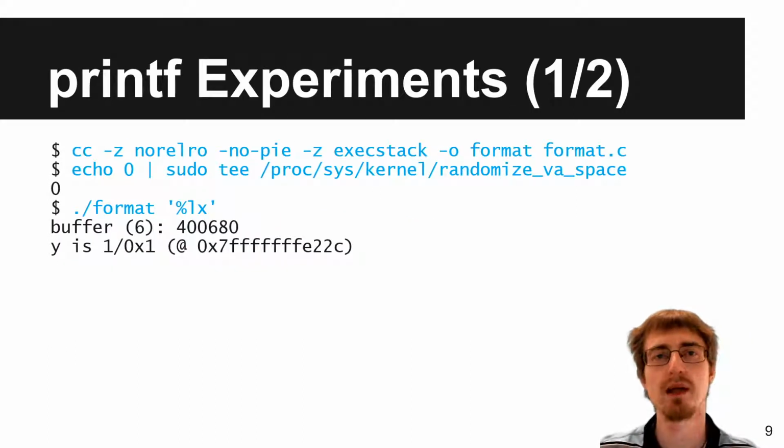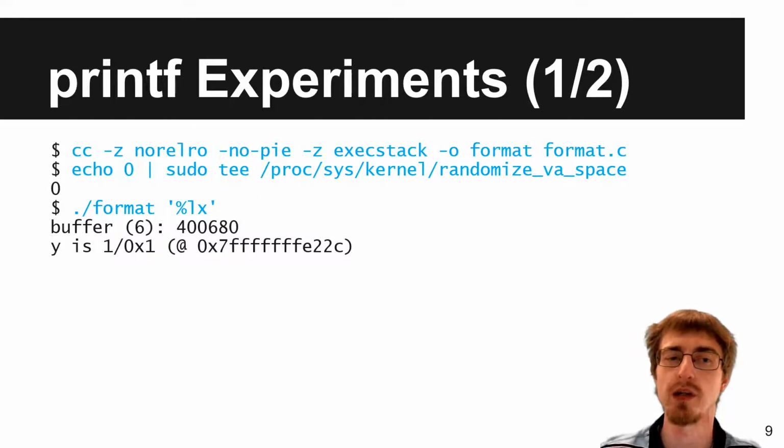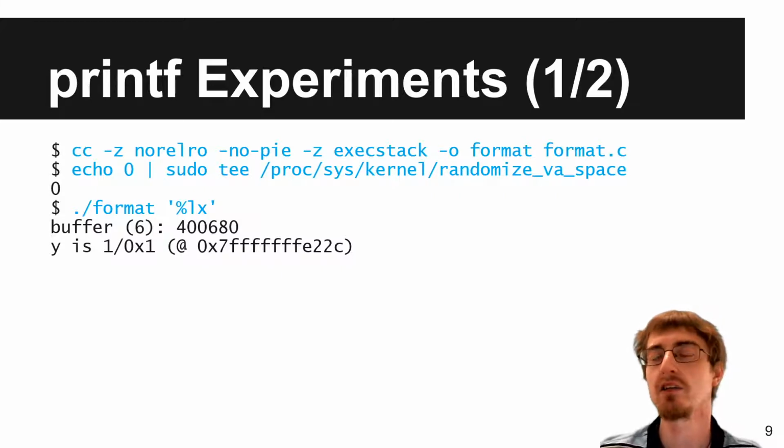Now let's experiment with the program that we just saw. So compile the program, disabling of course all the protections again, and now let's just call it with the format string. In this case the format string is %lx. So the percent sign starts the format, the L indicates the size, which is a long, so the default is an integer, and the X means format this number as a hexadecimal number.